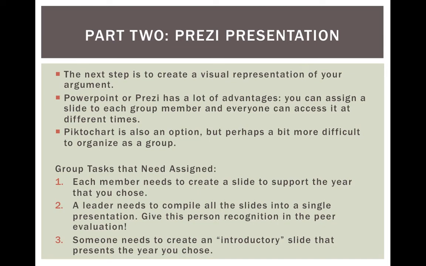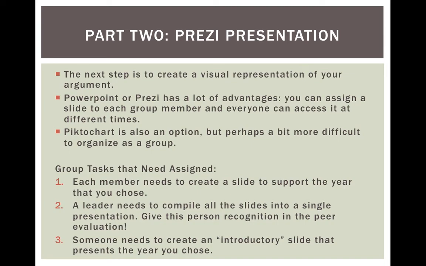So basically with this project, these are the group tasks that need to be assigned. Each member needs to create a slide to support the year or event that you choose. A leader needs to compile all the slides into a single presentation. Give this person recognition in the peer evaluation that I'll be talking about in the next slide.